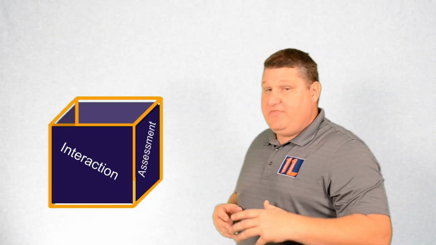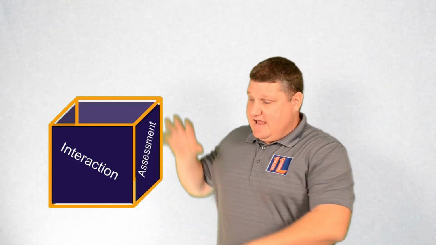And so that group element, whether it's a group of 2 with teacher and student conversing, whether it's student to student peer interaction, or whether it's multiple peer interactions, there needs to be collaboration. And we can put the rest of the faces on this block as we go. But the key to flip is it is a framework that you hang all the pieces on. So let's get specific.